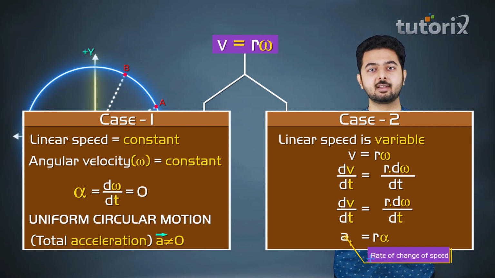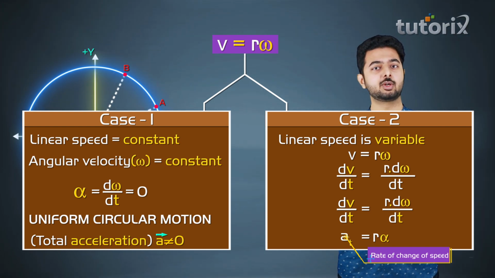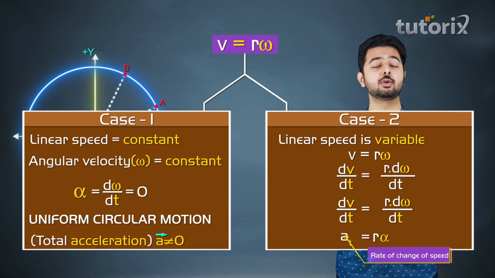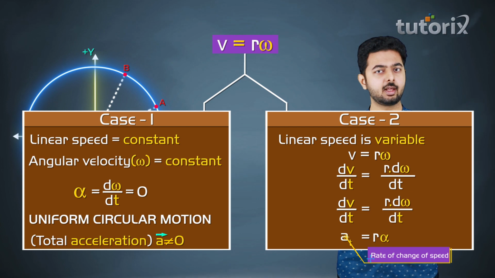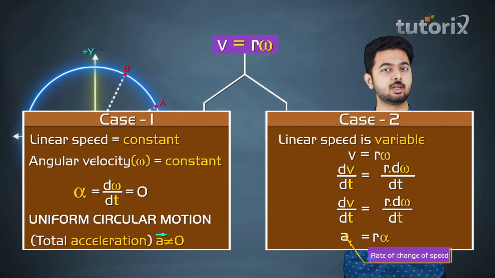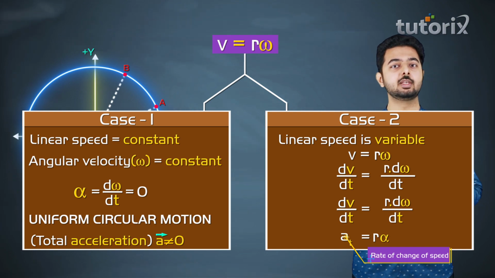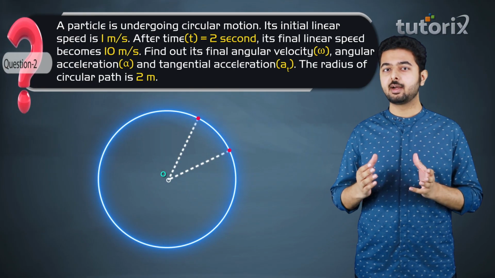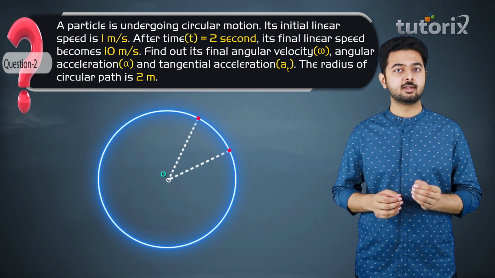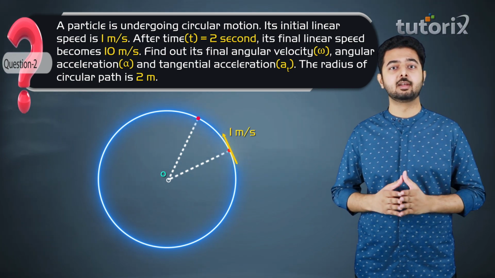So we have learned that the tangential component of acceleration is responsible for only changing the magnitude of velocity vector and not its direction. So now let us solve a very simple problem so that you get used to these new variables. So a particle is undergoing circular motion. Its initial linear speed is given to be 1 meter per second.